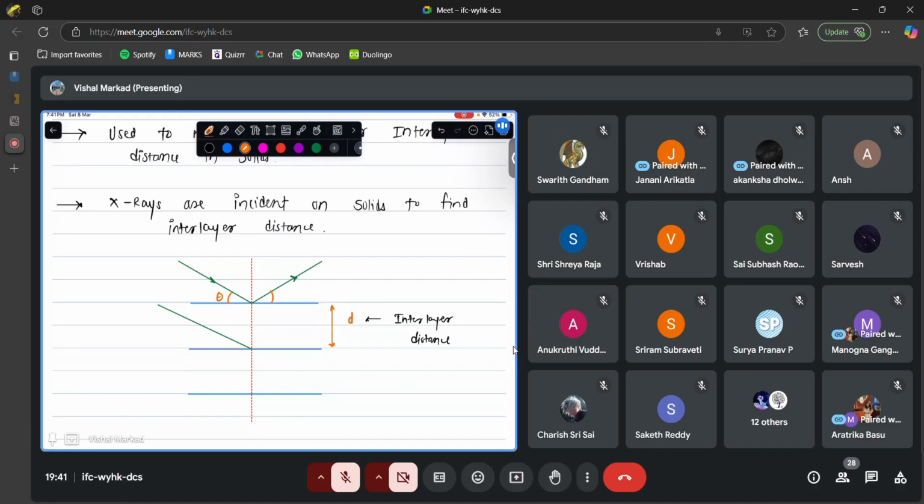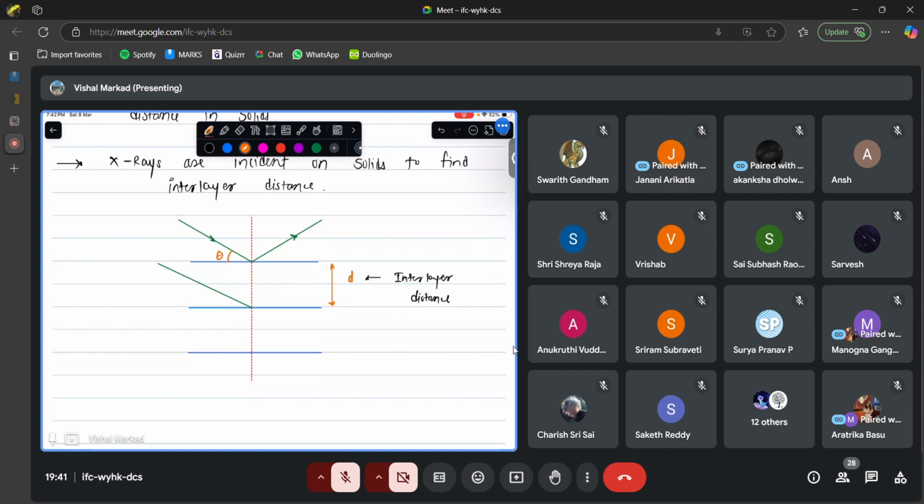So the angle of reflection will also be the same. Sir, the angle of reflection should be between the normal and the ray. So it'll be with the normal, yes, it's the same. Now, can I write down the same thing here for the second one also?